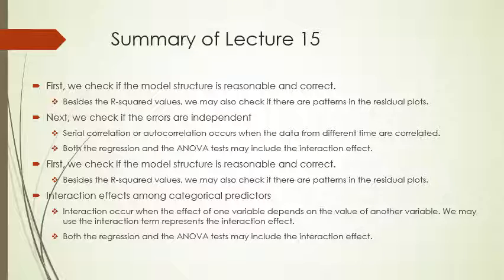The Durbin-Watson test may be used to check the serial correlation. The residual plots as well as the Breusch-Pagan test may be used to check the constant variance assumption. The QQ plots and statistical tests such as the Shapiro-Wilk test can be used to check the normality.